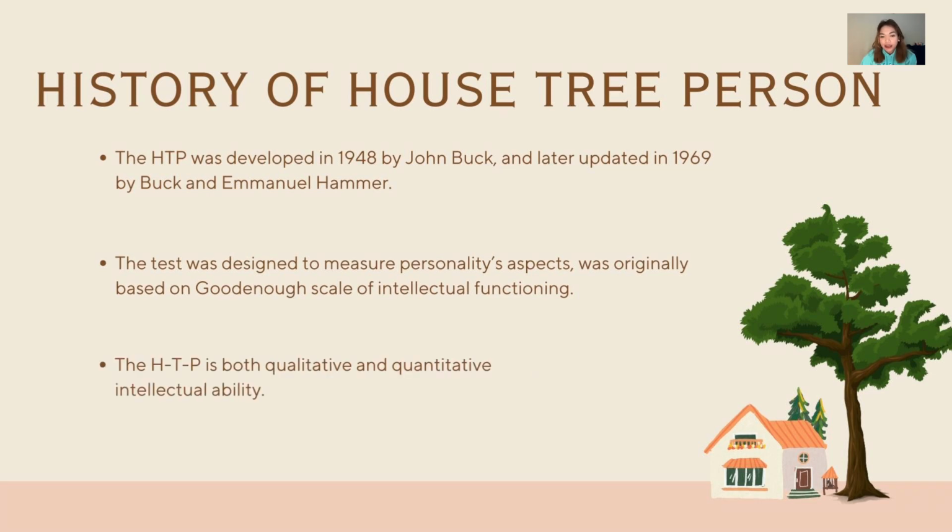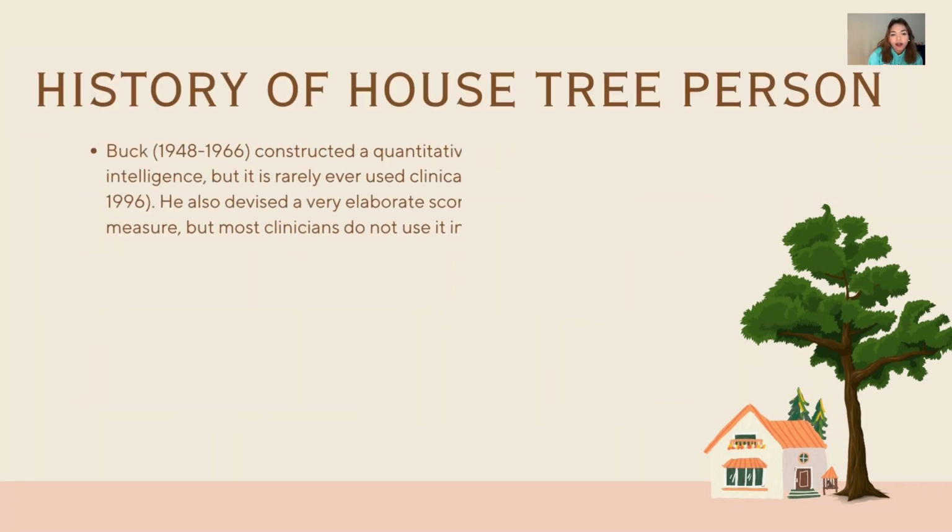So the HTP is both a qualitative and quantitative measurement. Qualitative scoring is a subjective analysis of a drawing meant to measure the test taker's personality. This type of scoring of the HTP is highly personal and can vary from one analyst to another. Similar to the scoring of other qualitative tests, there is limited empirical evidence to support its validity.